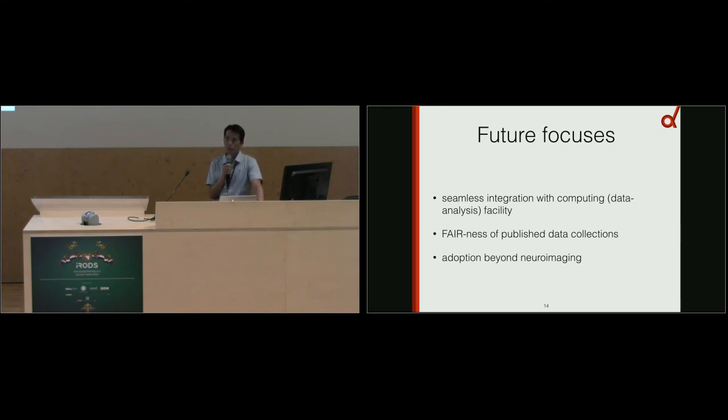But the full FAIR principles are not yet in our system, and so we want to look into that direction as well. And thirdly, now we are focusing on the neuroimaging research domain. However, we believe that the approach can be generic enough for other research disciplines. So we want to see how our protocol and digital system can be reused by other researchers.